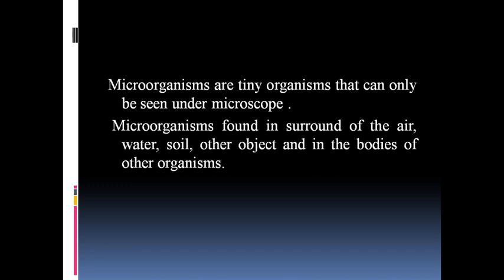That is, in air, water, soil, and other objects, in the sense of non-living things, like over the table, over the food particles, etc. And even in the bodies of other organisms, like the cow, fish, hen, even human beings. So microorganisms are found everywhere, but we cannot see them with our naked eyes. We can find them through the microscope only.